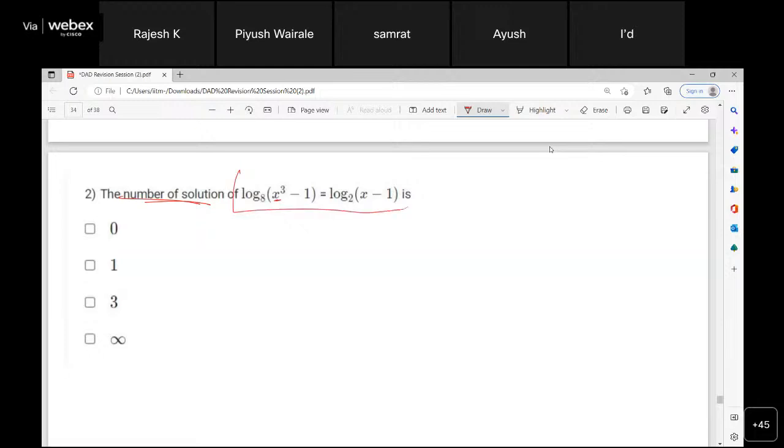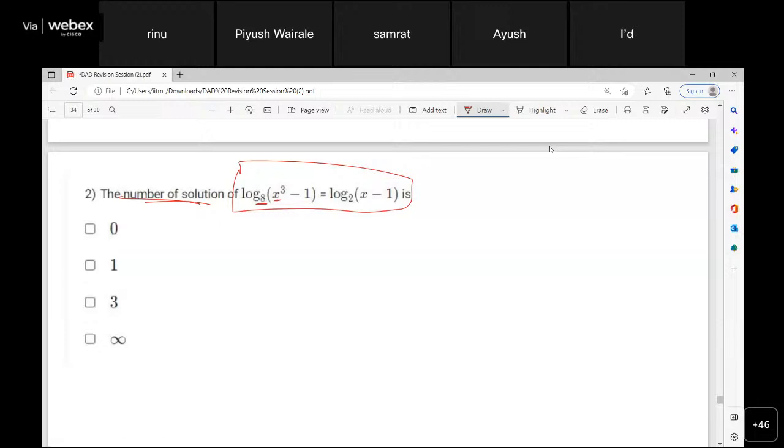Now tell me how to simplify this expression. If you remember, I discussed two things: you can change the base for it. Divide x cube minus 1 by x minus 1. So first thing, tell me what should we do first? Divide x cube minus 1 by x minus 1 and change the power.